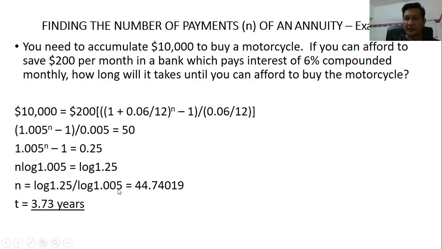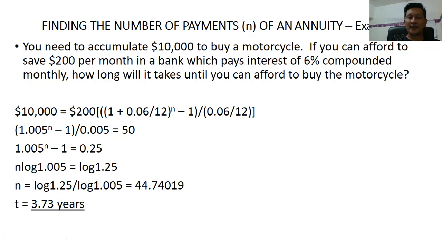During my time I had to use a logbook, so it was quite tedious. Now you have a scientific calculator, so easily you can solve this. It's just that you need to know which button to press in order to find log 1.005 and log 1.25. Once you know it, easily you can solve for n, which is 44.7.